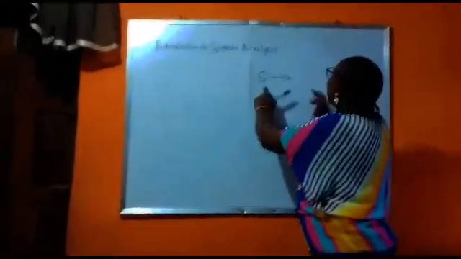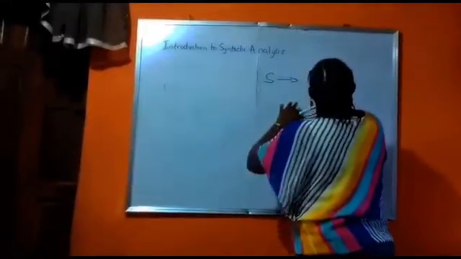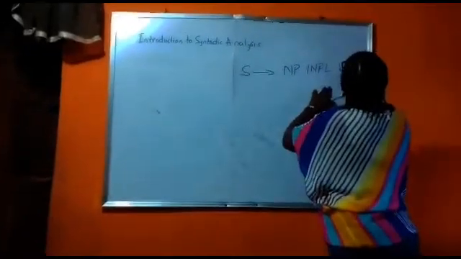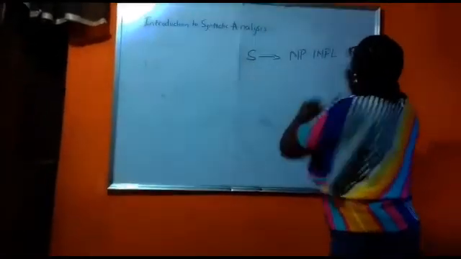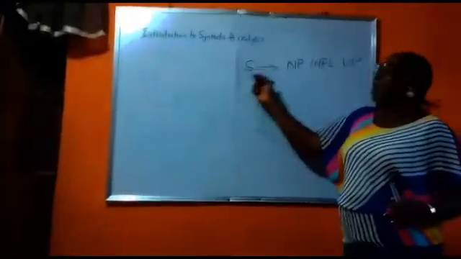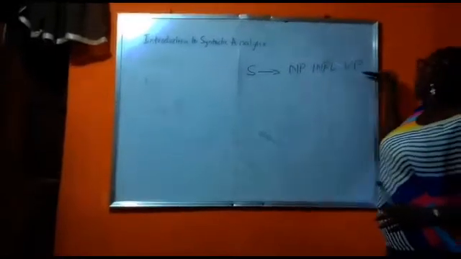So the sentence can expand to or break into NP, that's our noun phrase, inflection, and VP. Our hypothetical sentence can break into the noun phrase, the inflection, and the verb phrase.